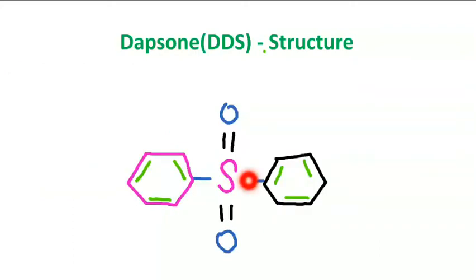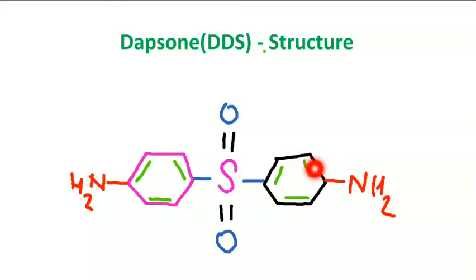I have drawn it here. This is the sulfone group, and dapsone has two phenyl rings, that is, benzene rings, attached on the sulfone. Then you have the amino group present on the benzene ring. On this benzene ring you have the NH2 group present at specified positions.